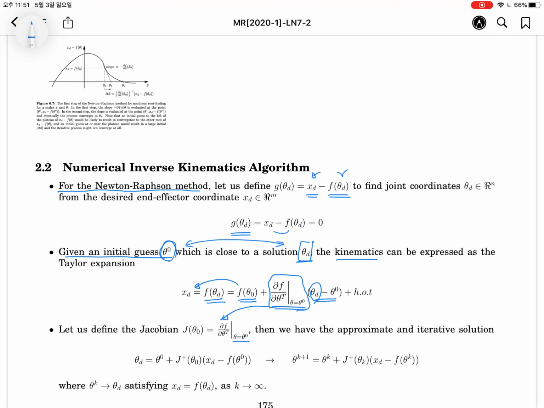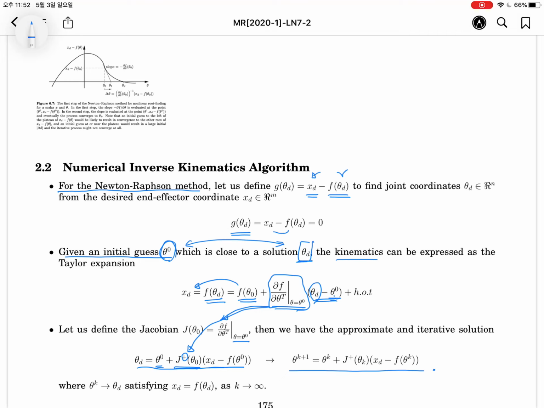Okay, this is the target: xd minus f of the initial value, and the inverse matrix is applied. So the plus denotes the pseudo inverse of the Jacobian, and by adding theta 0 to both sides, we can write down the iterative method for numerical IK.